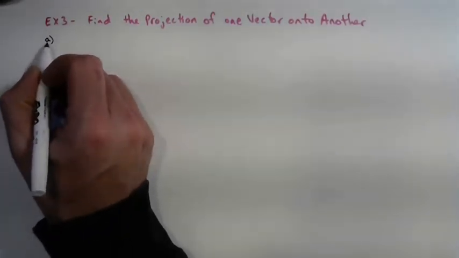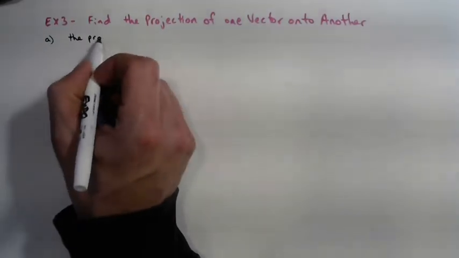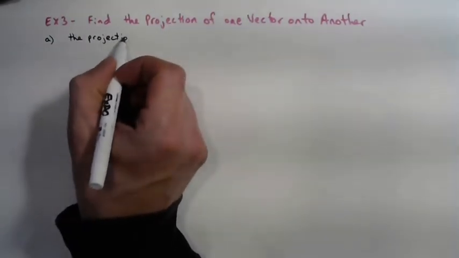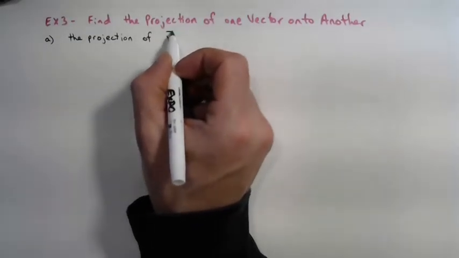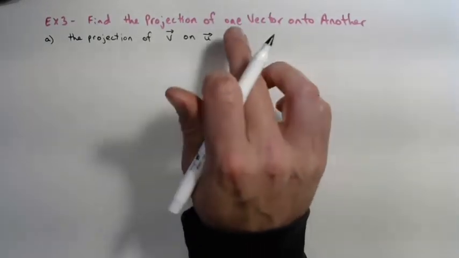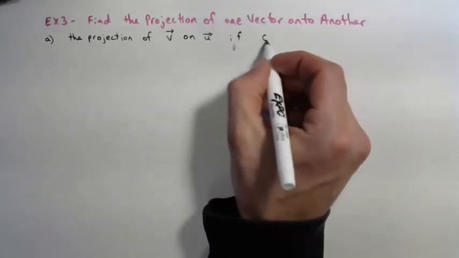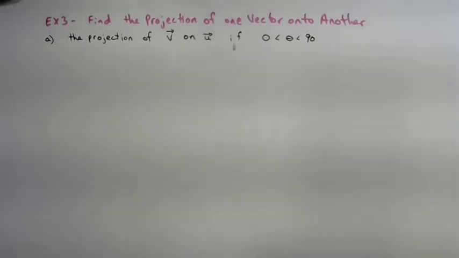So A is the projection of V on U if theta is between 0 and 90 degrees.